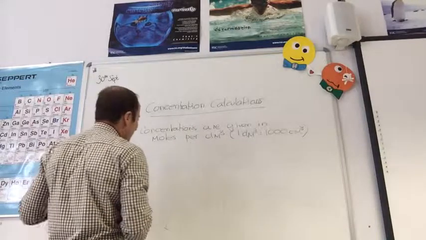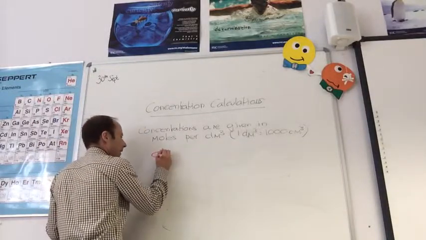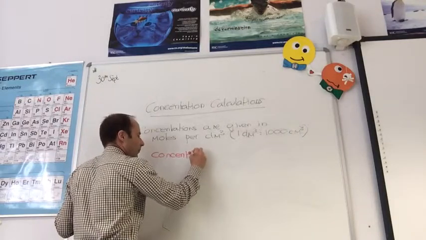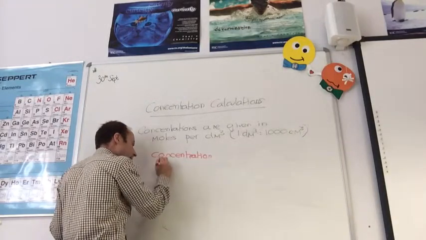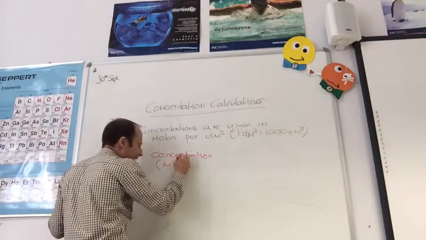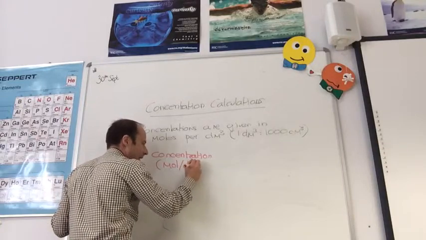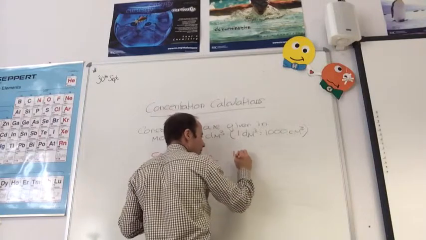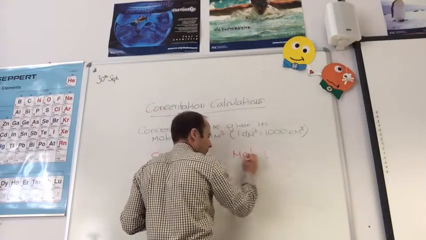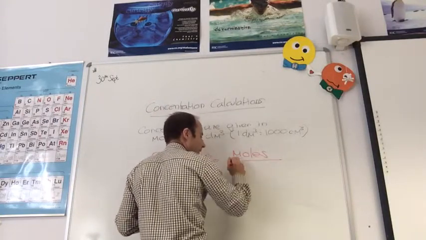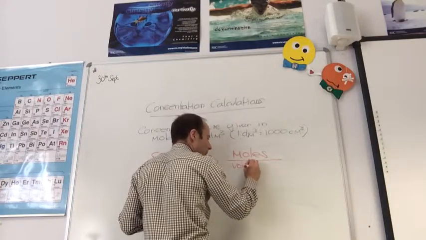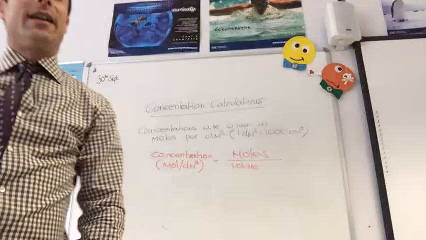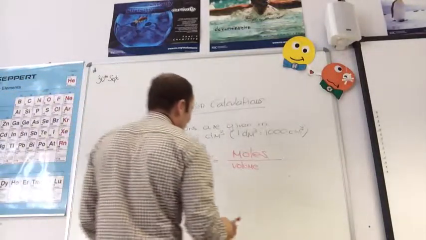So the equation you need is concentration, in the units of mole per dm cubed, is equal to the number of moles you've got dissolved divided by the volume of solution. Now normally the volume we work in chemistry is in centimetres cubed.